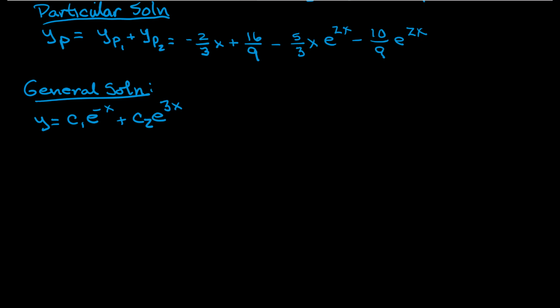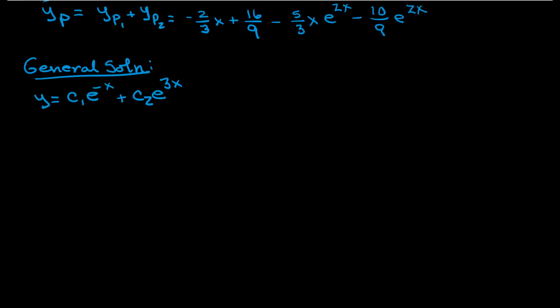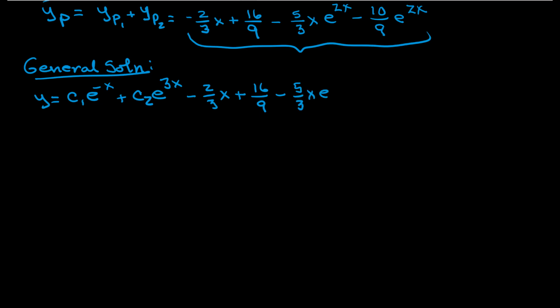Now the general solution includes not only the solution to the homogeneous, but also the particular solution to the non-homogeneous. So all of this stuff here is going to come along as well. And I'm going to have a minus 2/3 x plus 16/9 minus 5/3 x e to the 2x minus 10/9 e to the 2x.